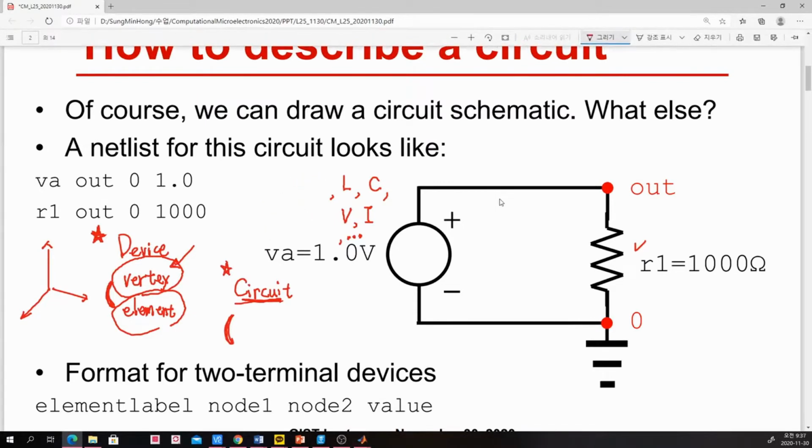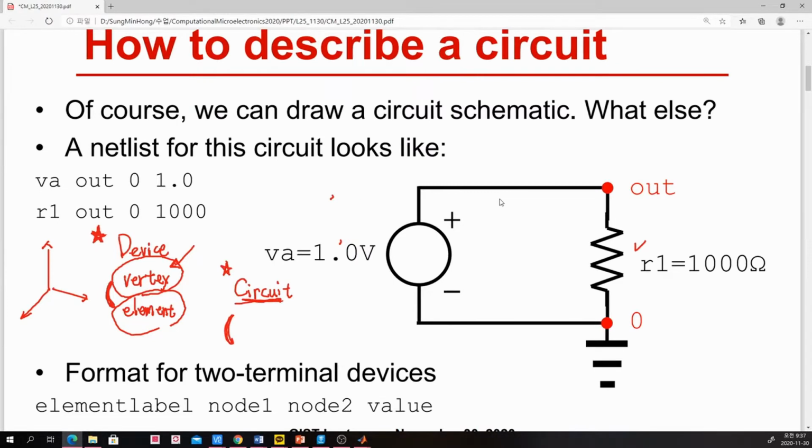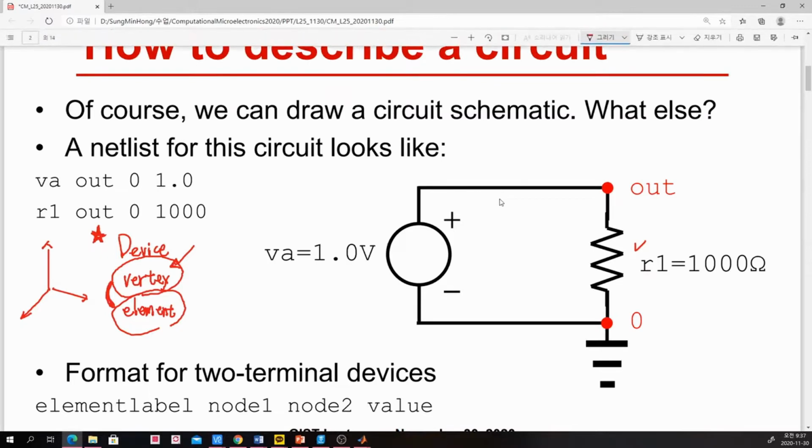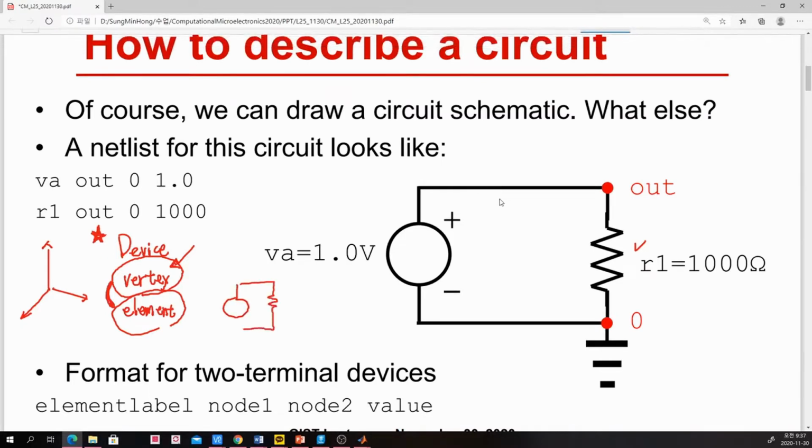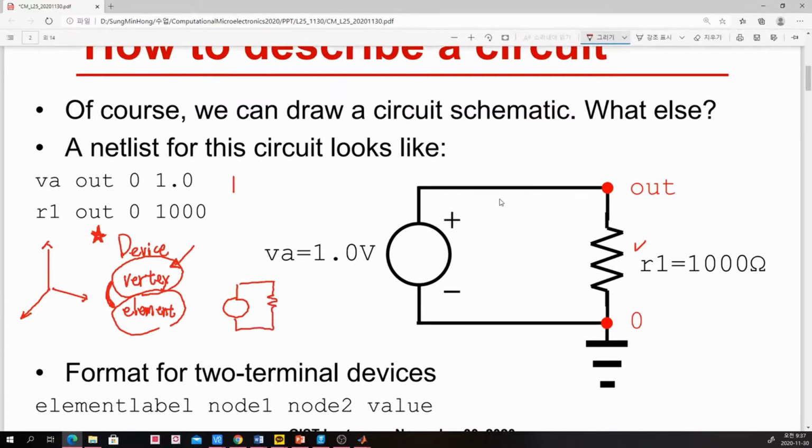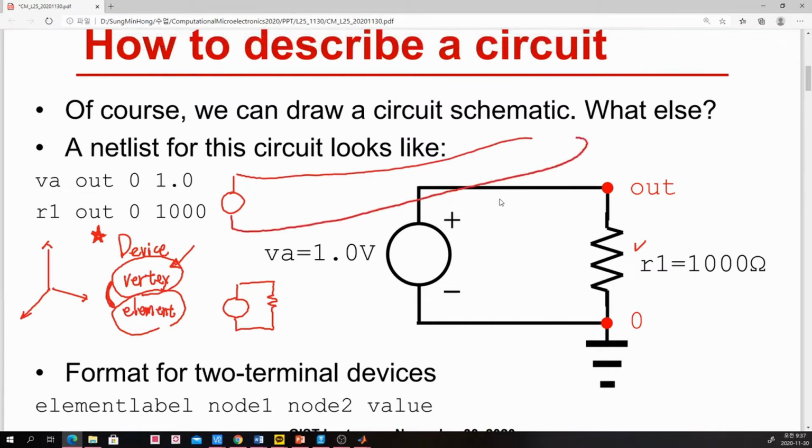I mean that in a circuit, when I draw it in this way, or when I draw it in this way, is there any difference in the circuit description?